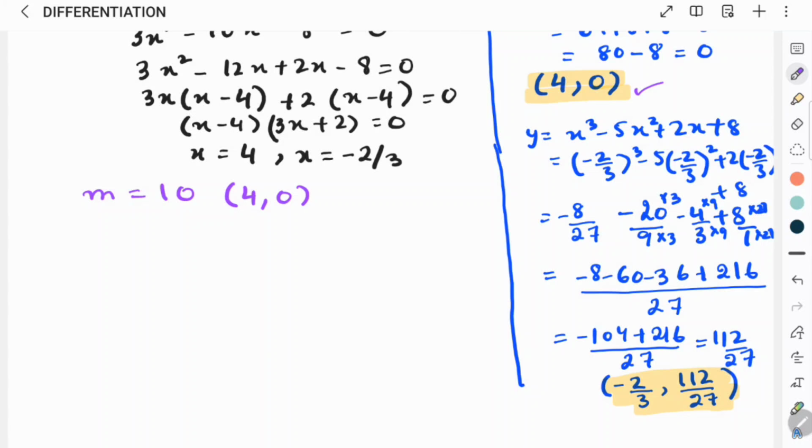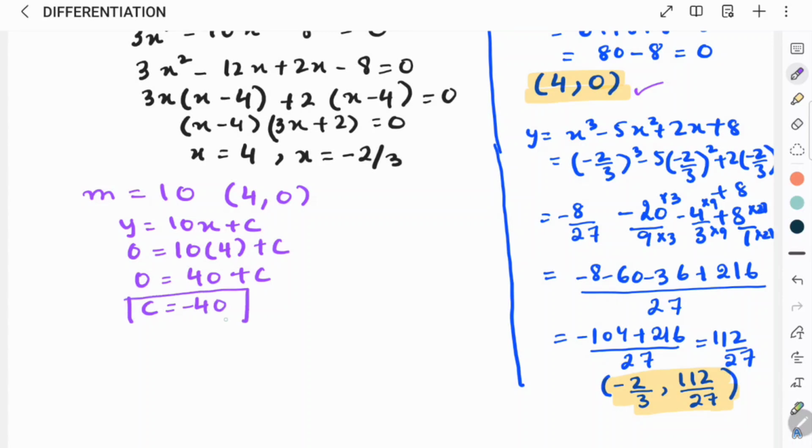You can do it by y minus y1 equal to m times x minus x1, but mostly students do it with y equals mx plus c, so I'm doing it here with y equals mx plus c. So y equals 10x plus c, y is 0 and x is 4, so 0 is equal to 40 plus c, and c is equal to minus 40.